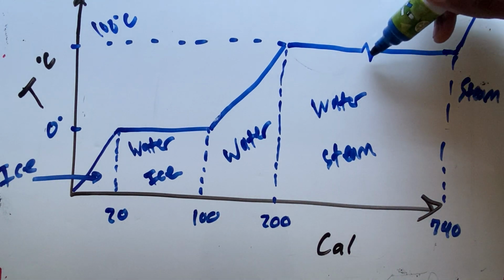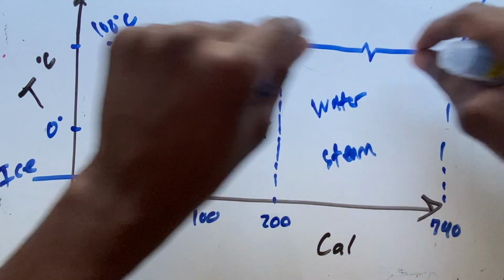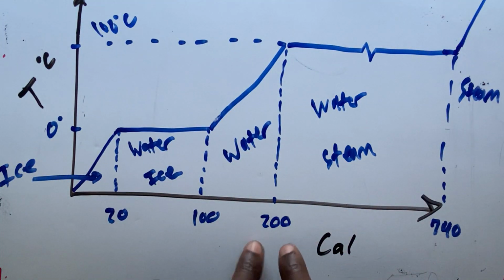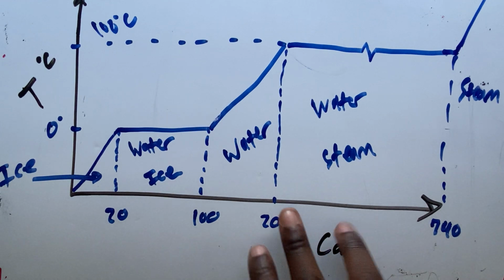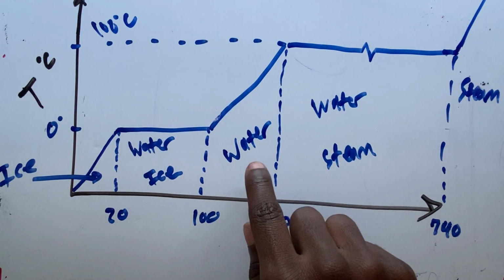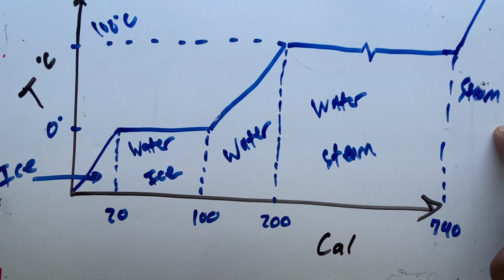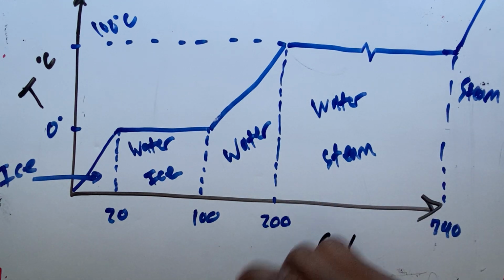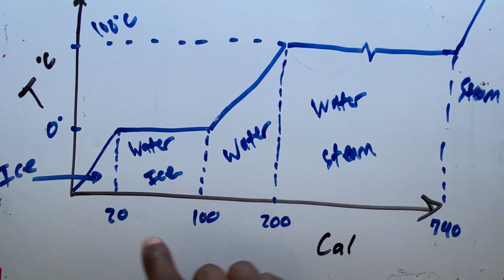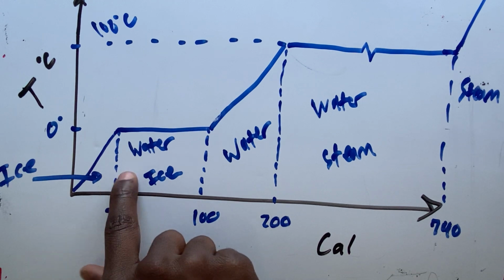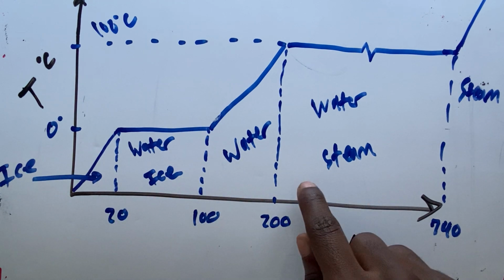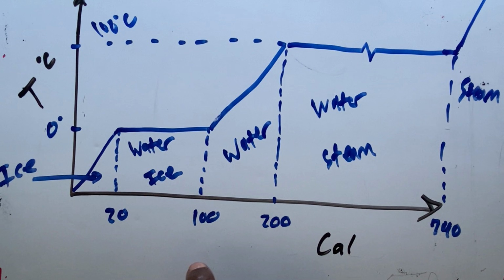That's kind of why I have this break here, because it's actually a lot longer than this, since it goes from 200 to 740. So a lot of heat is required to turn all the water into steam. A lot of heat is also required to turn ice into water, but not as much as from water to steam. So I hope that makes sense.